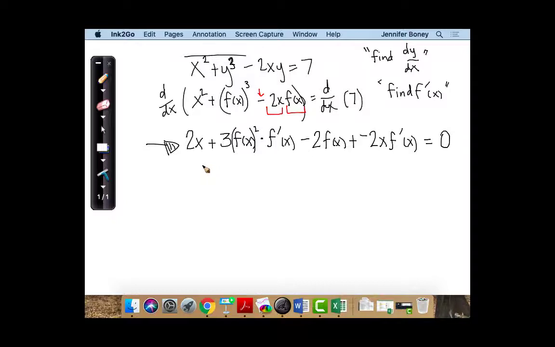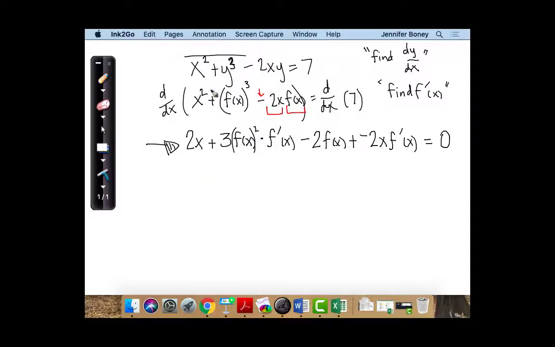So in this equation, if you notice, because of how the chain rule works, f prime of x isn't to the third power or anything like that. It's just multiplied on as a linear factor, tagged onto a couple of terms. So solving for f prime of x is just a matter of, oh, I can factor it out and move everything that doesn't have f prime to the other side of the equation, like subtract and divide sorts of solving.